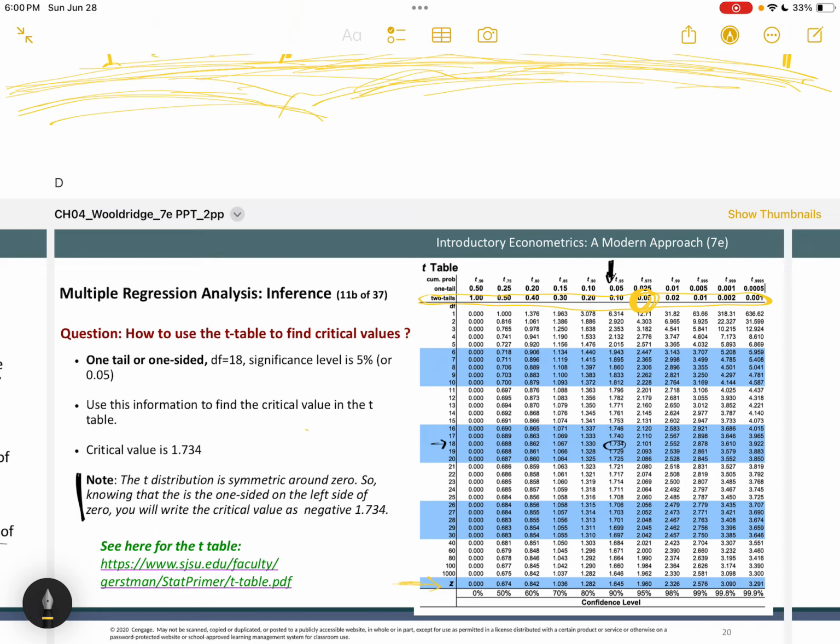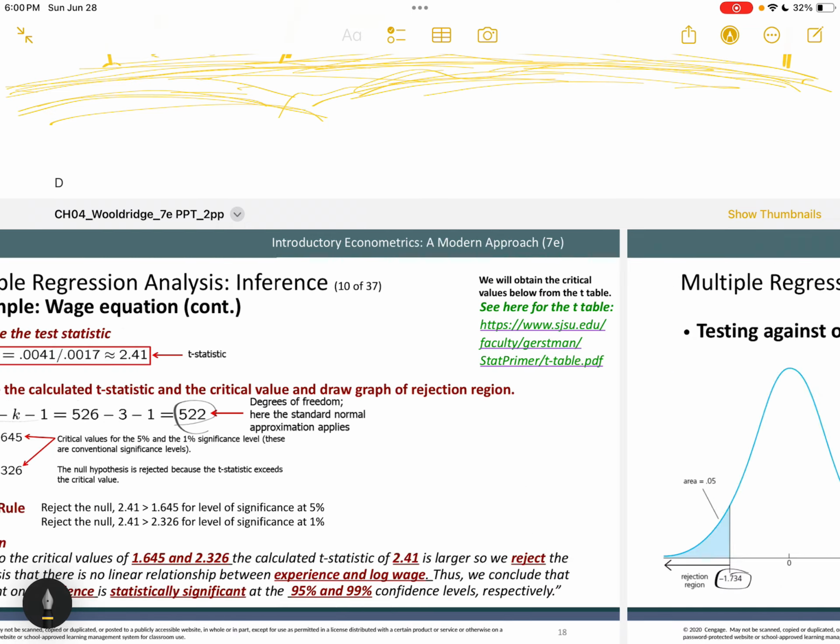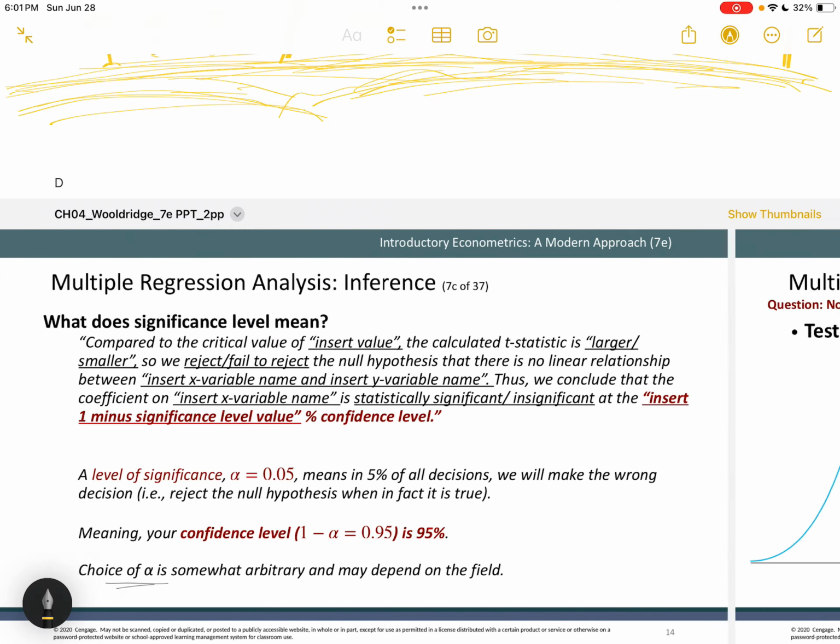Otherwise, if we are dealing with 10% significance level or a confidence level of 90%, then your z is 1.645. If you're dealing with a 1% significance level or a 99% confidence level, then your z is 2.576.